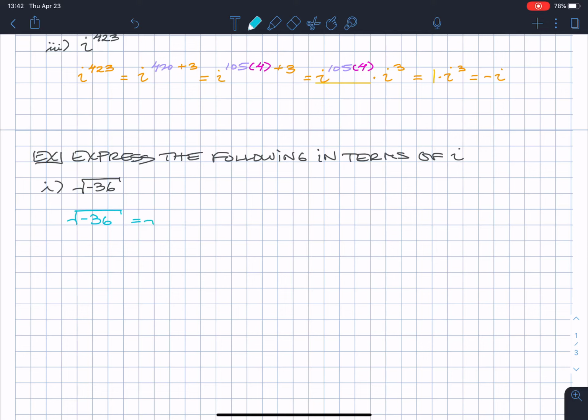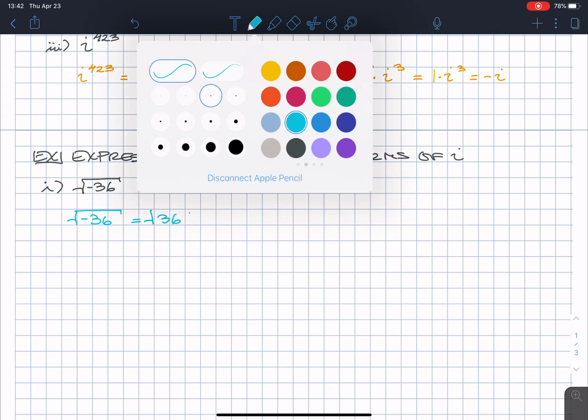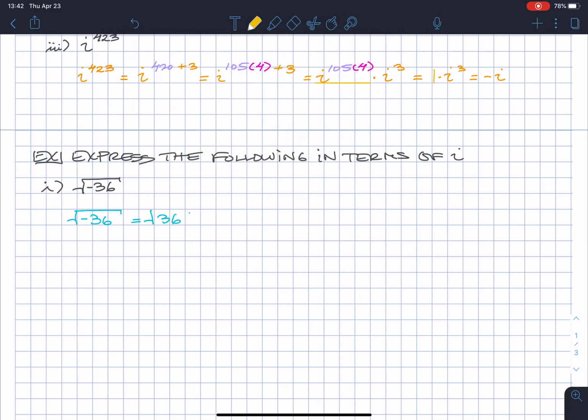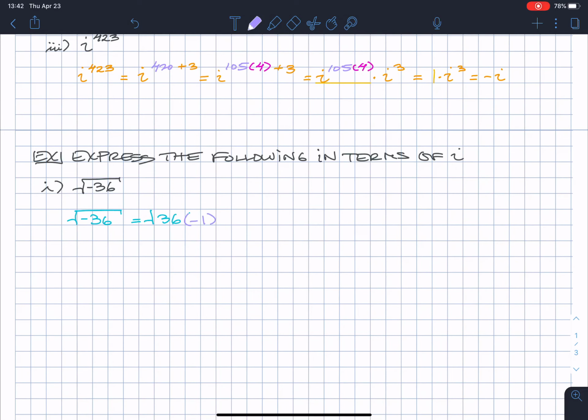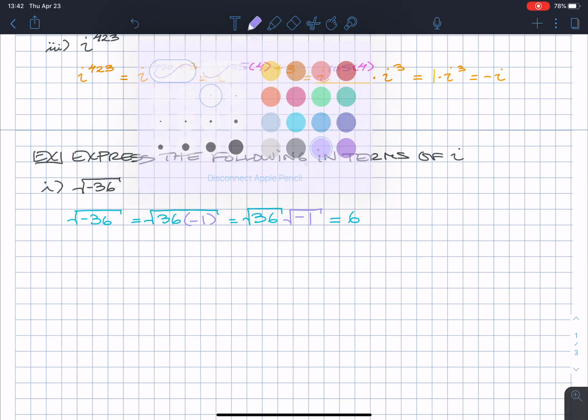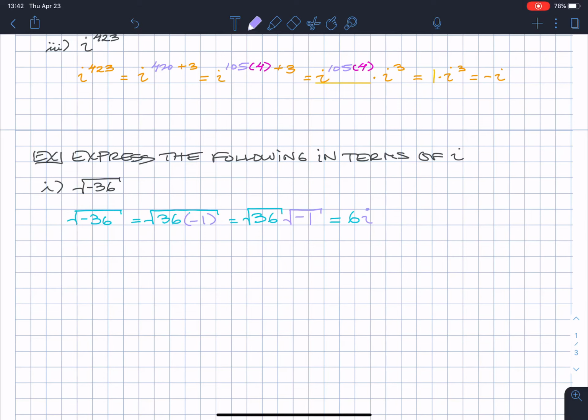I'm going to write this as the square root of 36 times, let me color code this, let's do purple again, negative 1. So this will be the square root of 36 times the square root of negative 1. The square root of 36 is 6, and the square root of negative 1 by definition is I. So it's 6I.